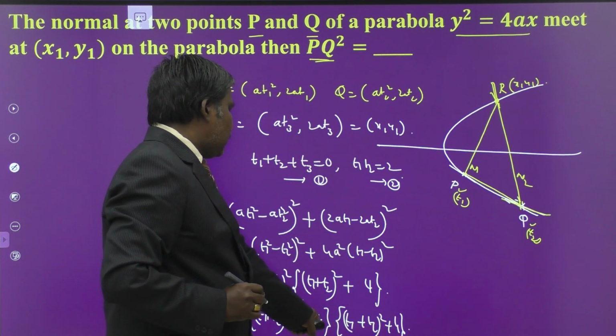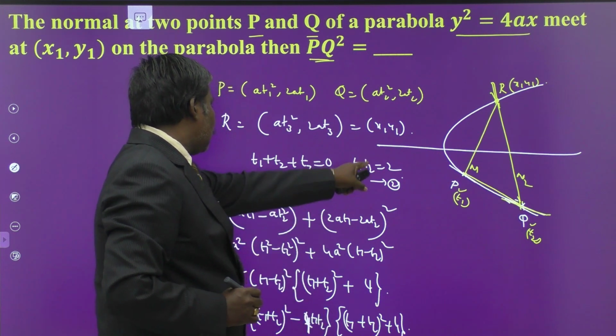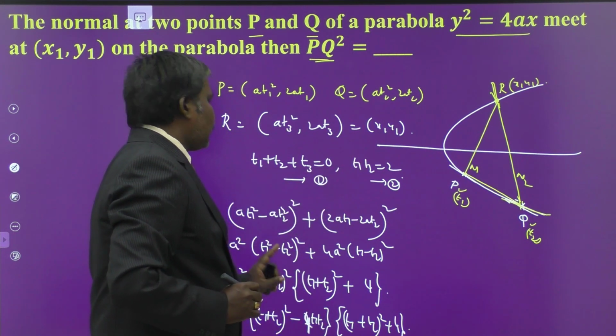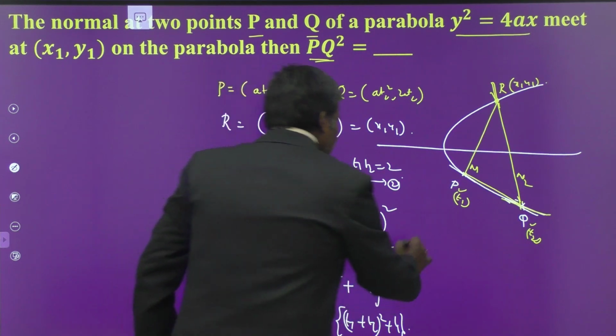Now, what is t1 t2, my dears? t1 t2 is 2. What is t1 plus t2? Minus t3. So, replace the values.